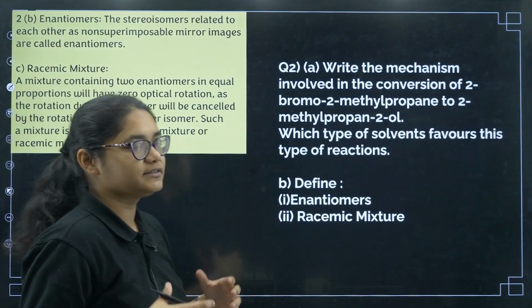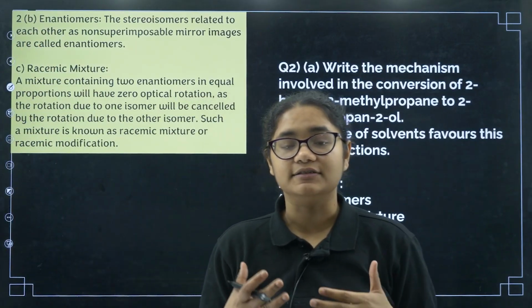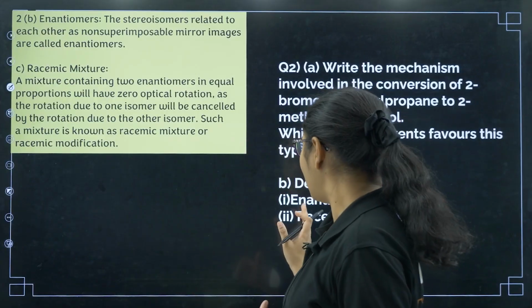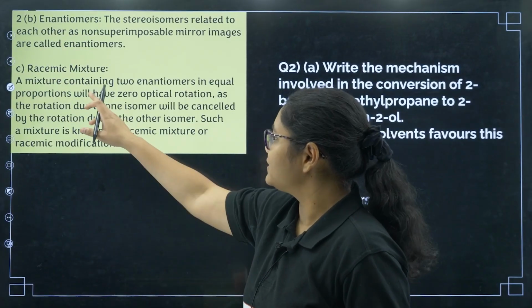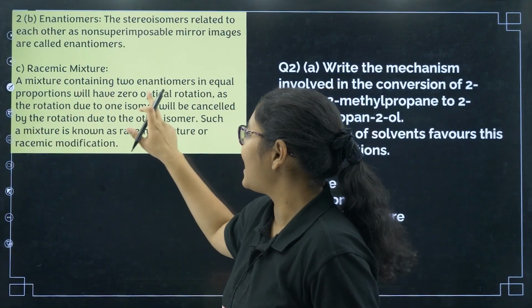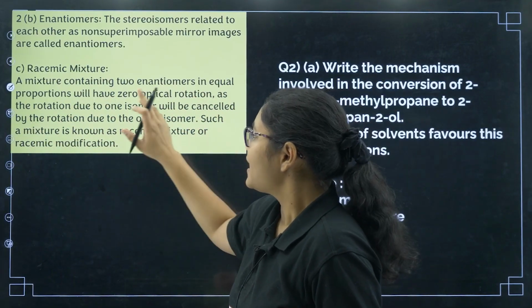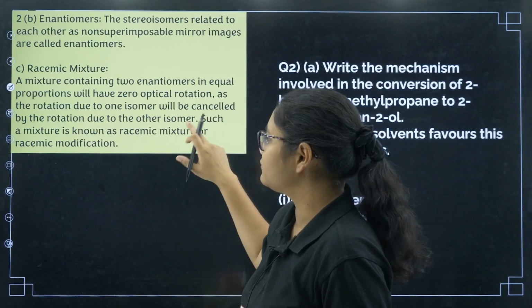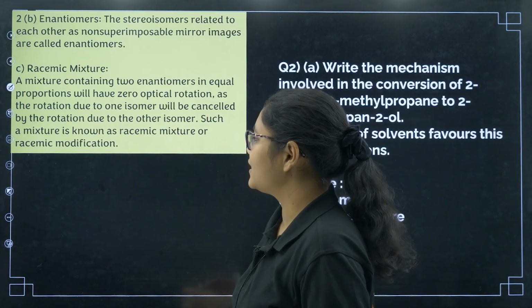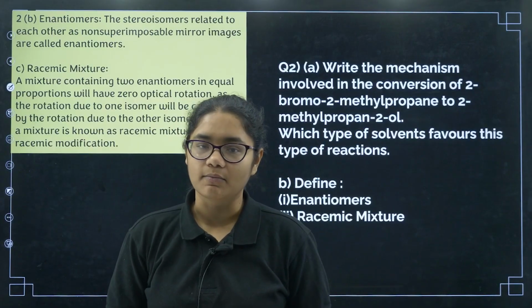So enantiomers, the stereoisomers that are related as non-superimposable mirror images, are called enantiomers. And what is a racemic mixture? A mixture containing two enantiomers in equal proportions will have zero optical rotation, as the rotation due to one isomer will be cancelled by the rotation of the other. Such a mixture is known as racemic mixture or racemic modification.